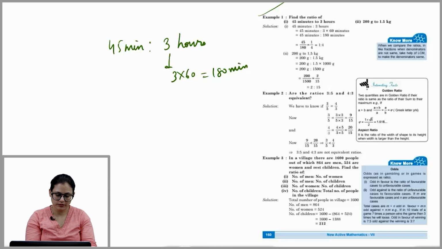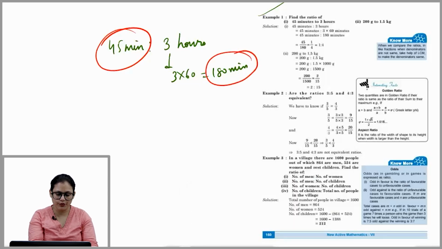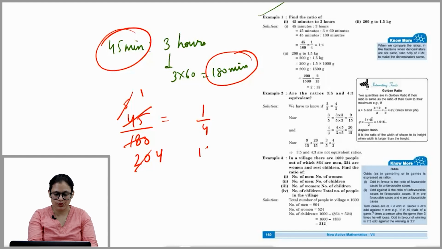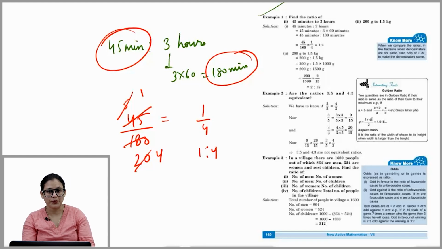Now the units are the same, so we will find out the ratio of these two, 45/180. Dividing by 45, 45 divided by 45 is 1 and 180 divided by 45 is 4. So 1/4 or 1:4 is the ratio.